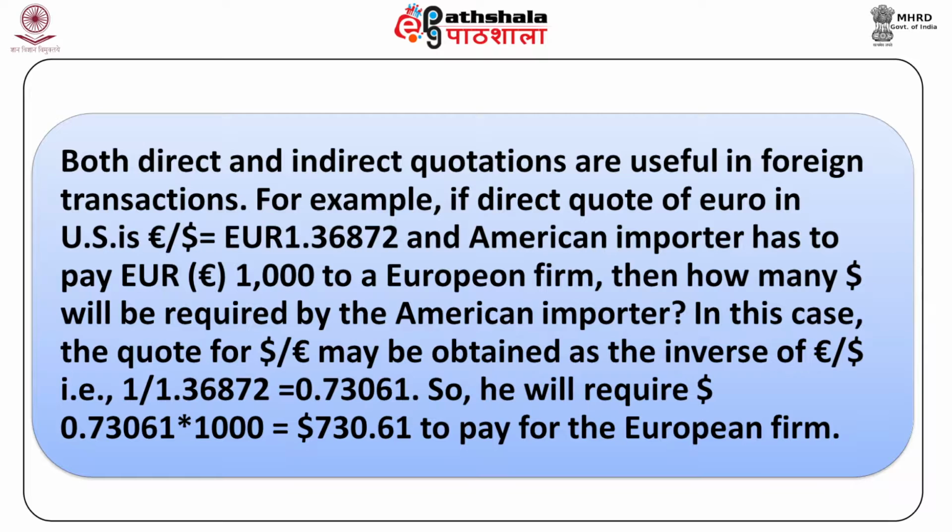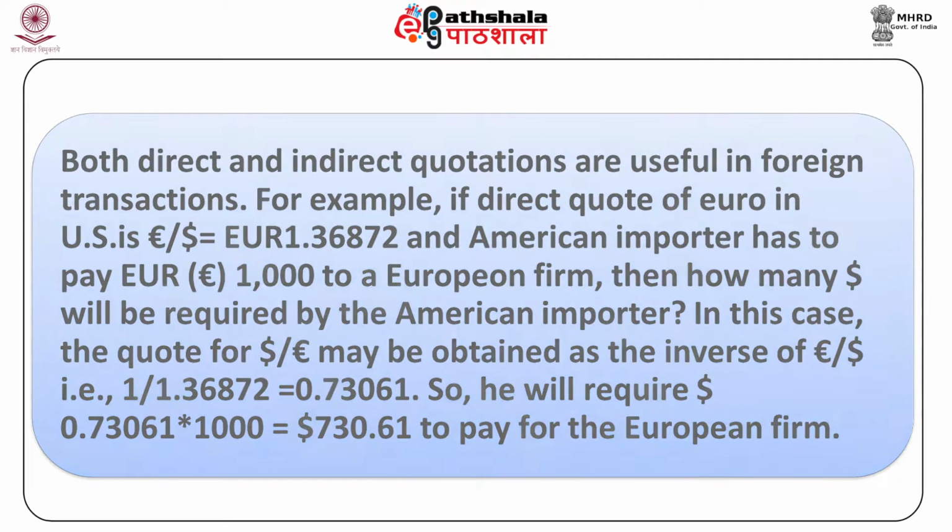In this case, the quote for dollar per euro may be obtained as the inverse of euro per dollar, that is 1 divided by 1.36872 is equal to 0.73061. So, he will require 0.73061 into $1,000, that will be equal to $730.61 to pay to the European firm.